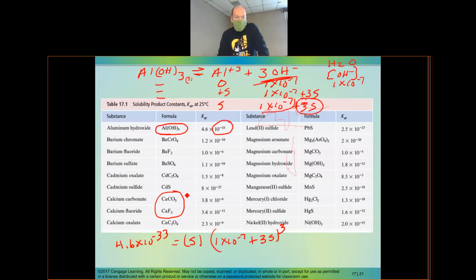All right, so my question is between a calcium carbonate and a calcium fluoride, which one of these two is more soluble? So the question would be, which is more soluble?